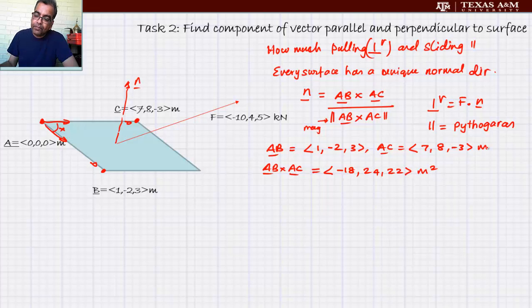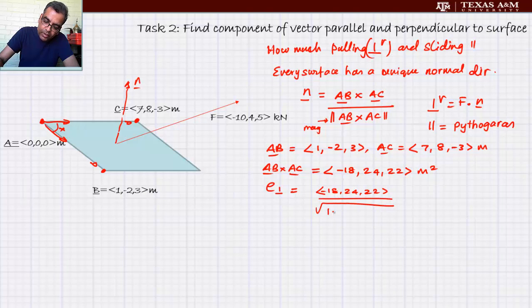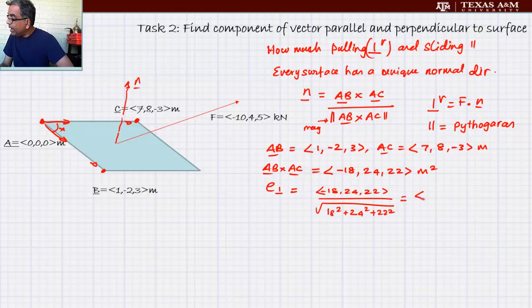So E perpendicular is this thing divided by the square root of 18 squared plus 24 squared plus 22 squared, which turns out to be minus 0.48, 0.645 and 0.591.